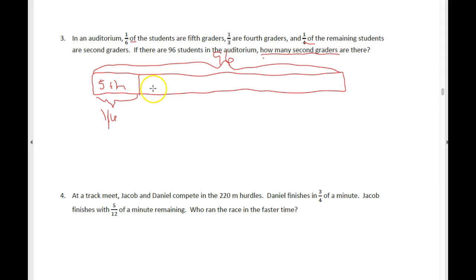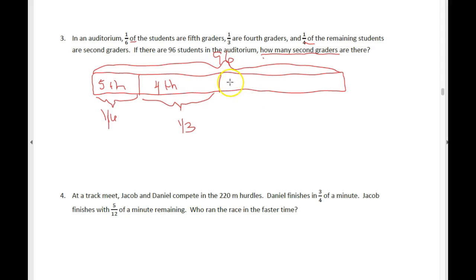And we know that 1/3 is going to be bigger, more students than 1/6, right? So let's make it bigger than what the 1/6 was. So we'll say this is 1/3, and that happens to be the fourth graders. Fifth grade next year is going to be big, huh?